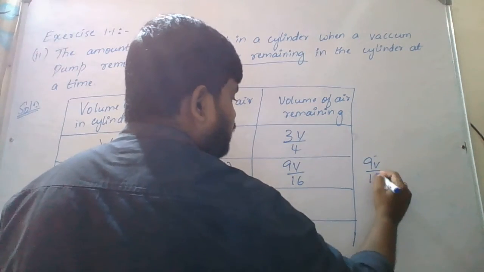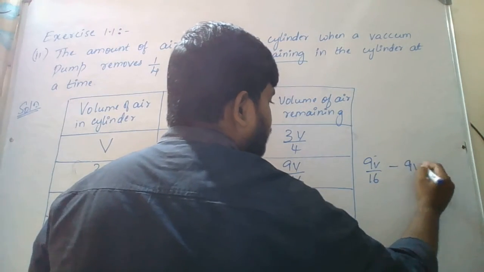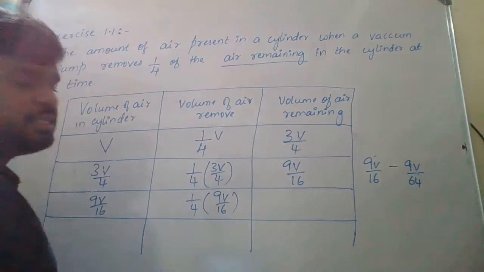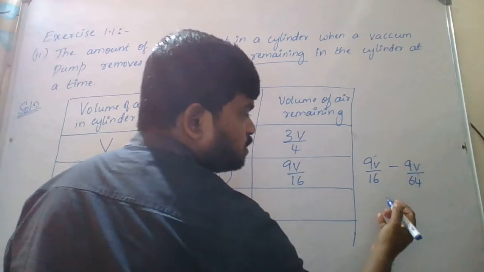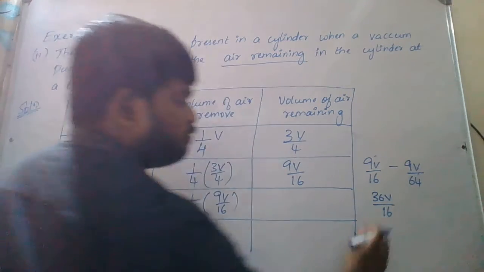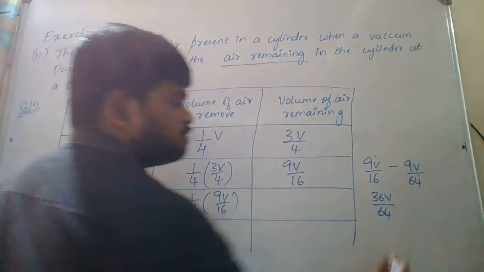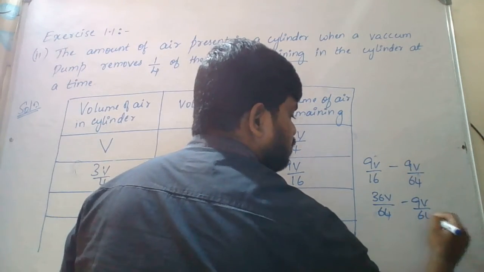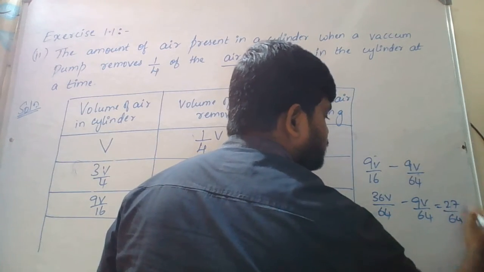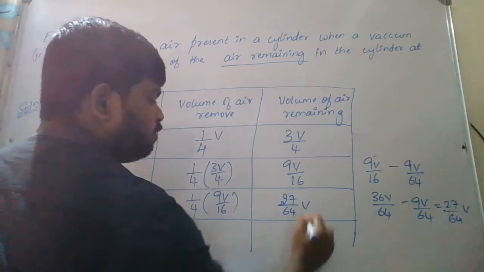So 9V by 16 minus 9V by 16 fours are 64. Let's take the LCM. Between 16 and 64, 64 is the LCM. So I'm just taking LCM by 64. So it becomes 27 by 64 V. Okay. 27 by 64 V.